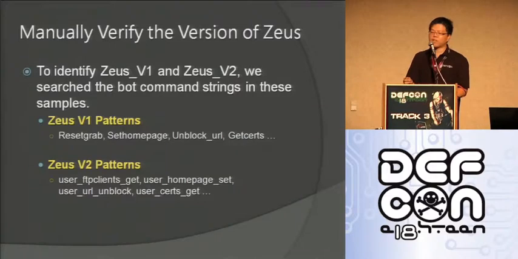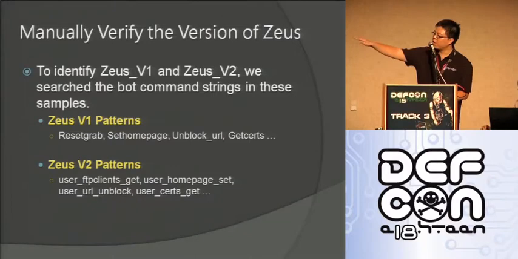Because there are some ZBot variants, instead of only believing in these antivirus, we try to do manual inspection on our own. We double check that these are really ZBot malware instances, and then we try to find their versions so that we can tell which variants they are. There are actually some different bot commands in these different ZBot binaries, so you can tell their different versions.